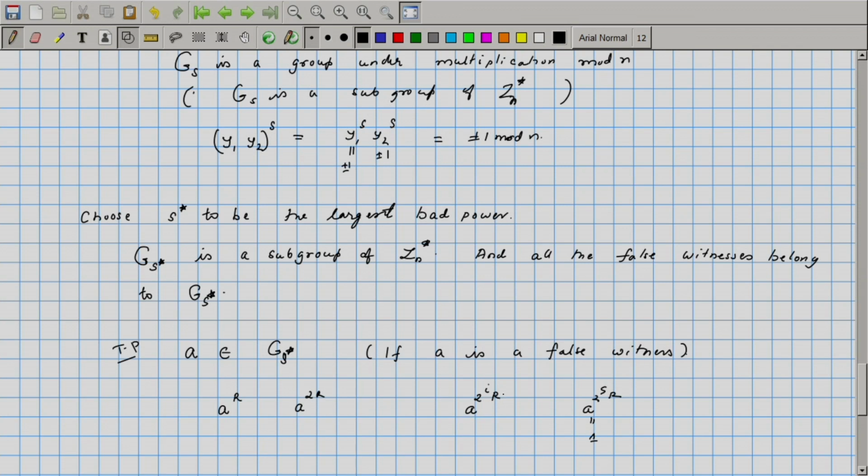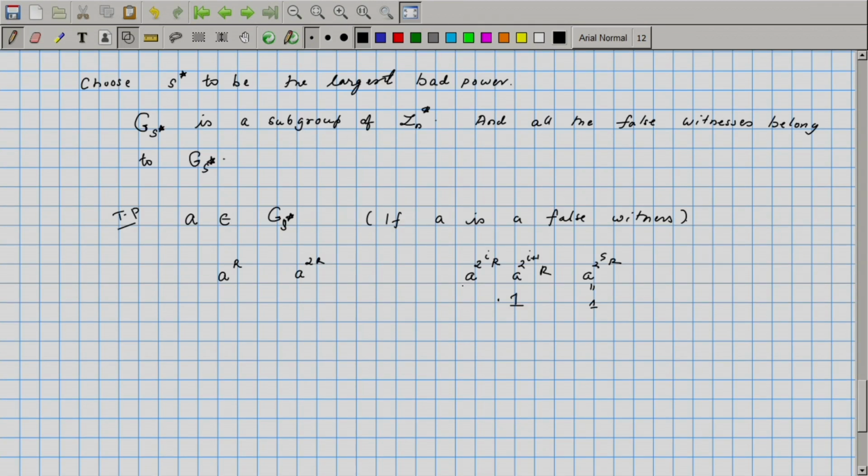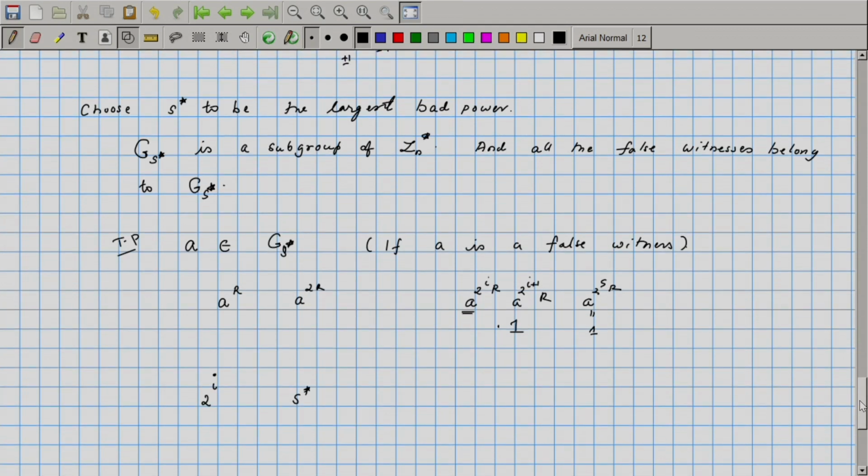Okay. Now, look at the last point at which there was a 1. Okay. So, let us say that was A raised to 2 to the I plus 1 times R, this is 1. And at this point, let us look at these 2 raised to I. Okay. So, 2 raised to I times R and S star, which of these elements has to be bigger?